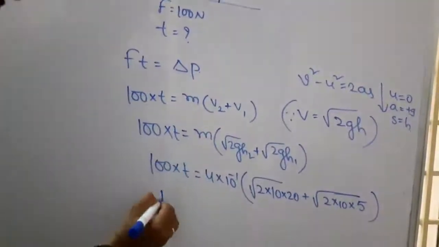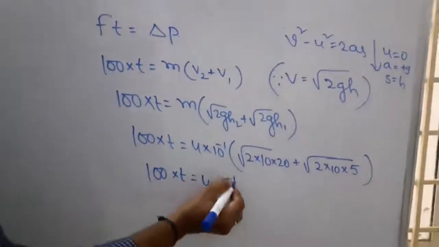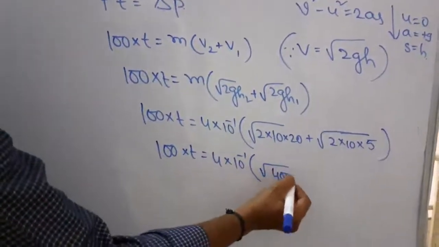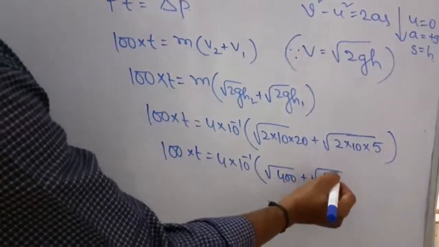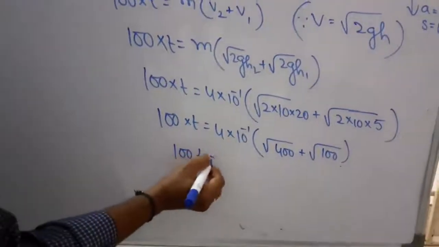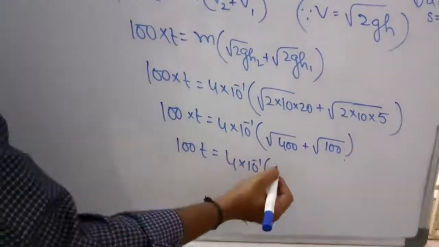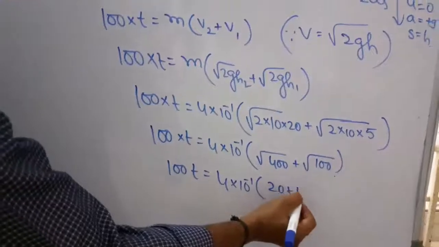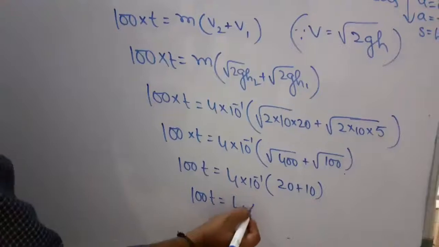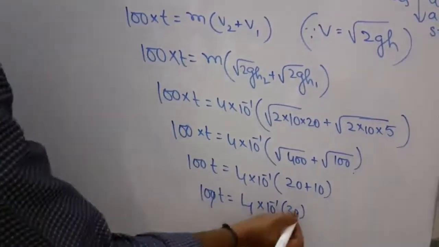So 100 into t is equal to 4 into 10 power minus 1, root over 2 into 10 into 20 which is 400, plus root over 100. Therefore 100 into t is equal to 4 into 10 power minus 1 into 20 plus 10, which is 4 into 10 power minus 1 into 30. The zeros get cancelled.